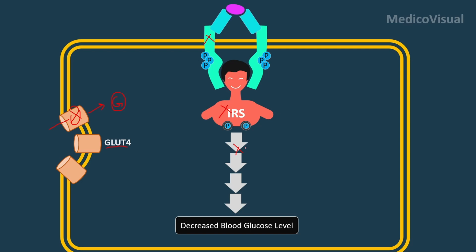I'm saying usually because there are some rare cases of development of diabetes solely due to genetic reasons, but usually only the hereditary problems do not lead to diabetes mellitus.